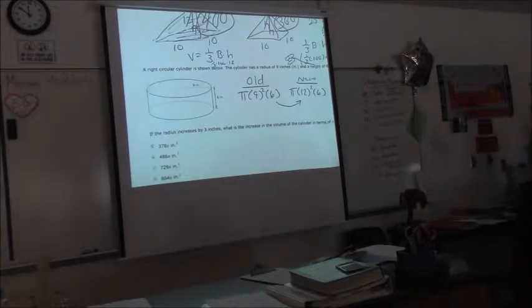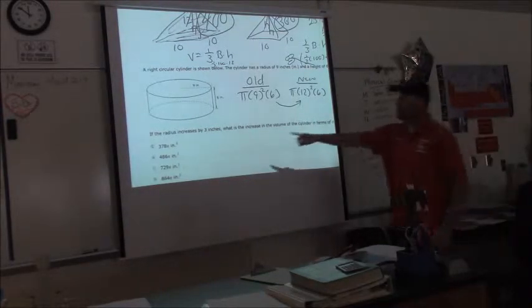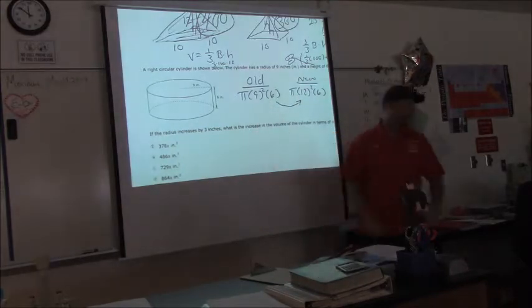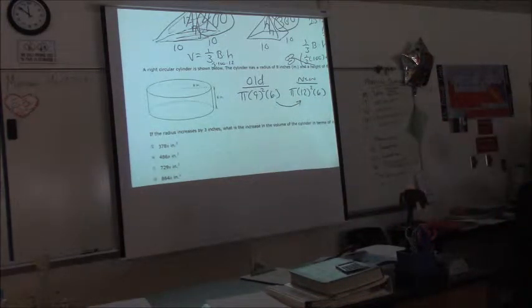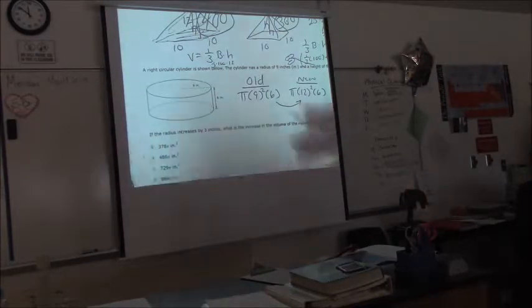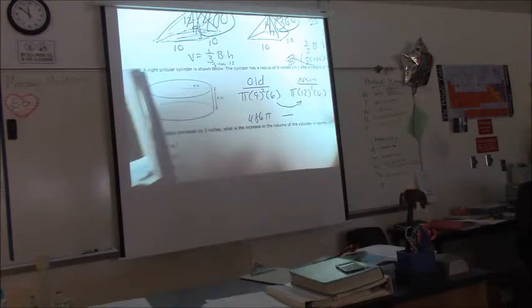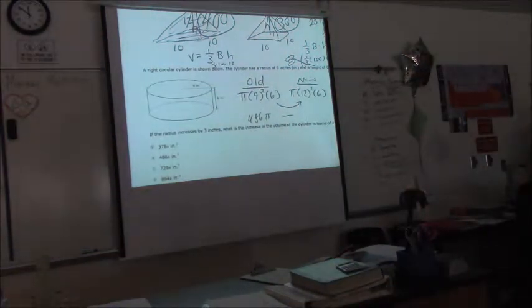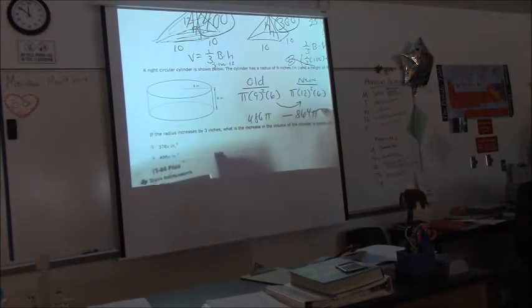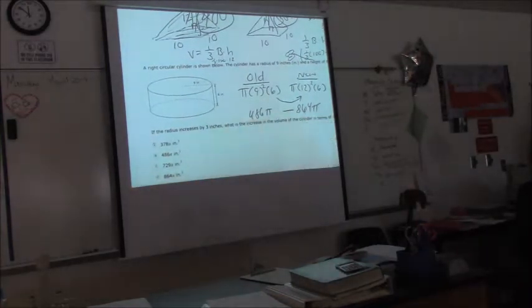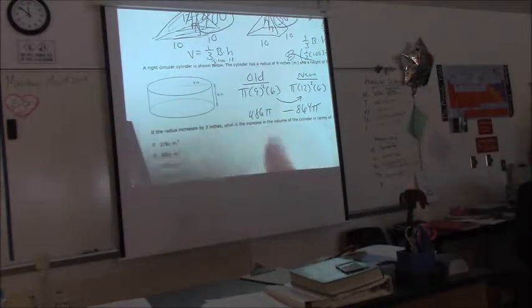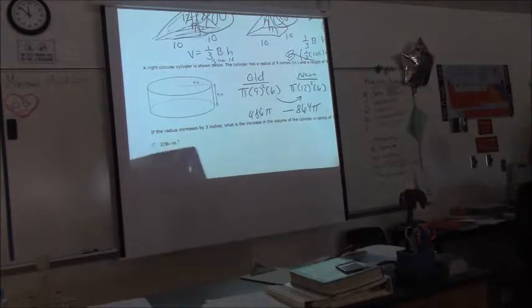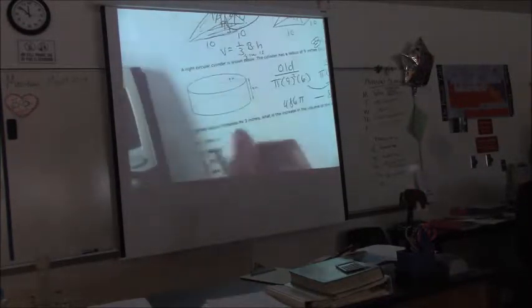You would just subtract them, but leave your answer in terms of pi, so don't plug in pi. 9 squared is 81. 81 times 6 is 486 pi. My new one is 864 pi. So how much did it increase? 864 minus 486. It increased 378 pi.